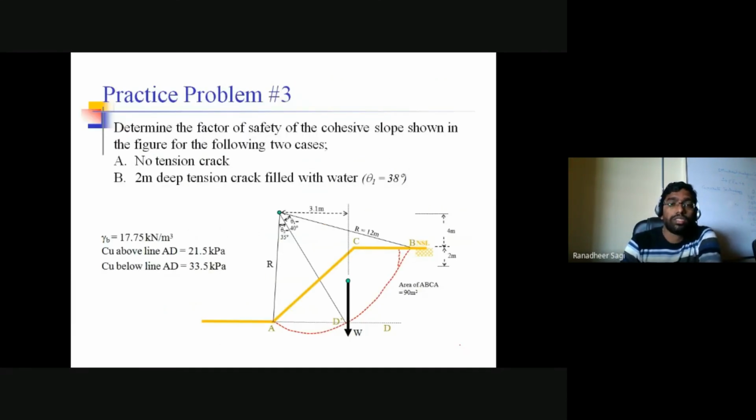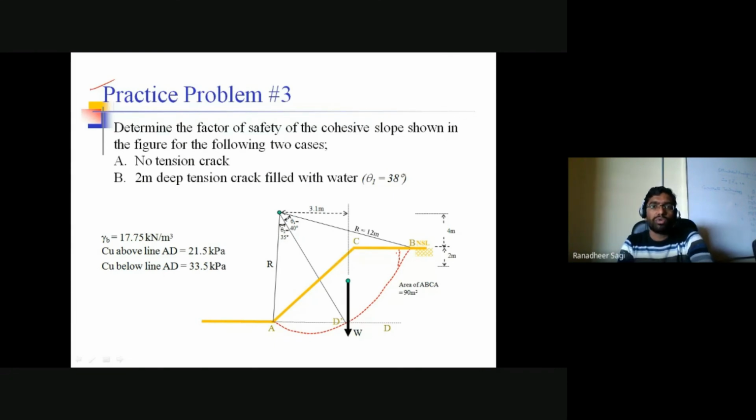Okay, so let's move on with another problem. Determine the factor of safety of the cohesive slope shown in the figure for the following 2 cases. It's a finite slope that is given to us, with certain data related to that slope, and we are asked to calculate the factor of safety of that cohesive slope.